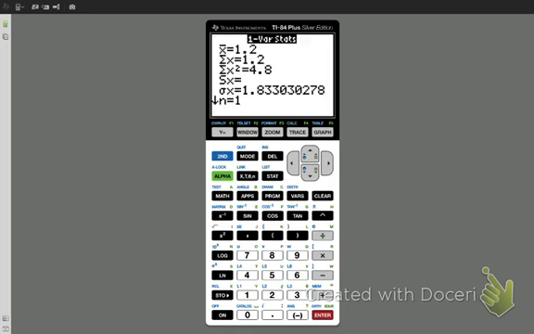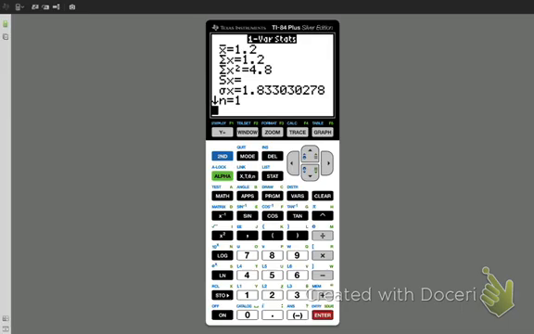Now, the mean of T, this is part B, find and interpret the mean of T. It doesn't say mean of T in my calculator, but X bar is the mean. So my mean here is 1.2. Standard deviation, which is actually found in part C of this question, is 1.833.